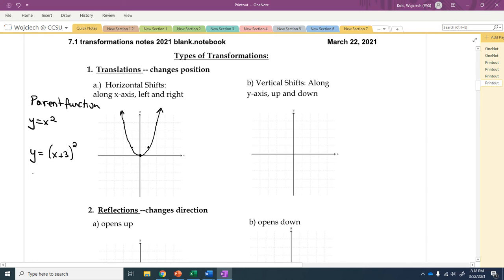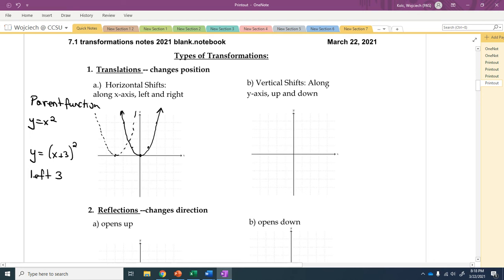So the new function would be over here. Okay, so I'm going to put the new function using dotted lines. So the new function x plus 3 would be 3 units to your left. Now, if I wrote minus 3, it would actually move 3 units to your right.